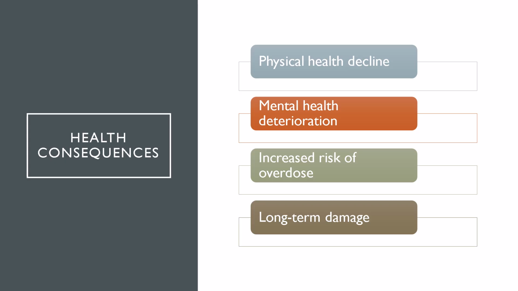And then mentally, the person may experience worsening symptoms of anxiety or depression or any other number of mental health conditions. And the risk of overdose is also increasing, especially with higher levels of use or maybe polysubstance use. These consequences can be really severe, and in some cases, they can even be life-threatening. So as counselors, it's important to be aware of these risks and to take them seriously.